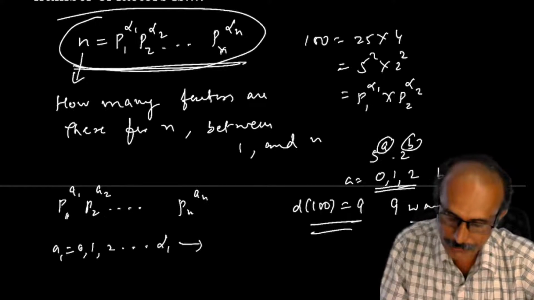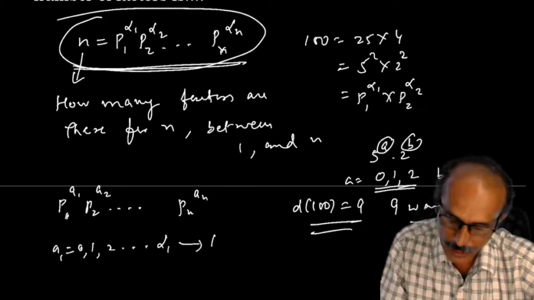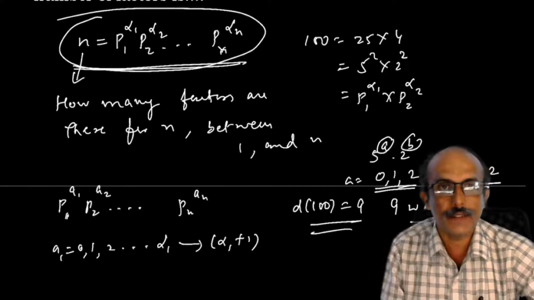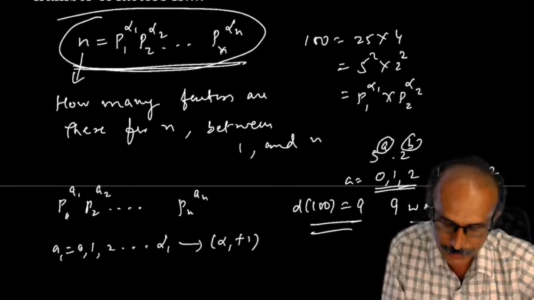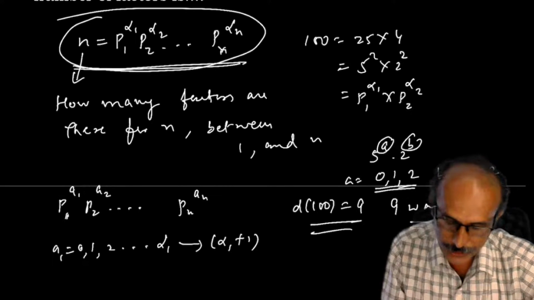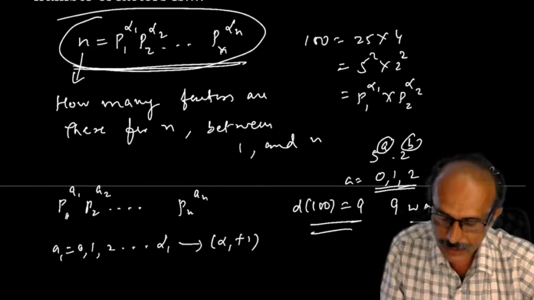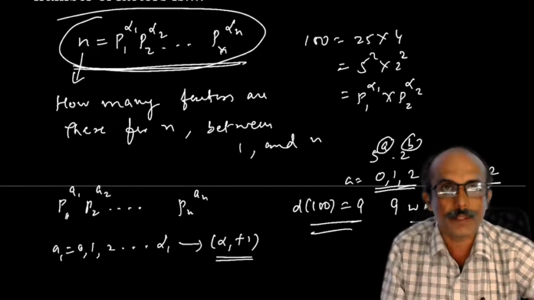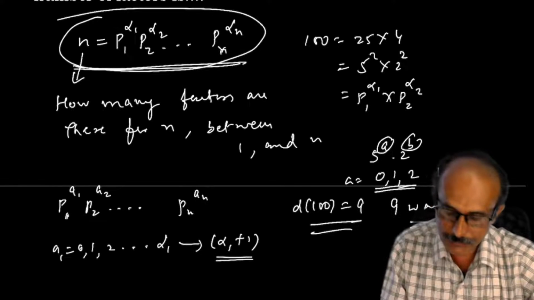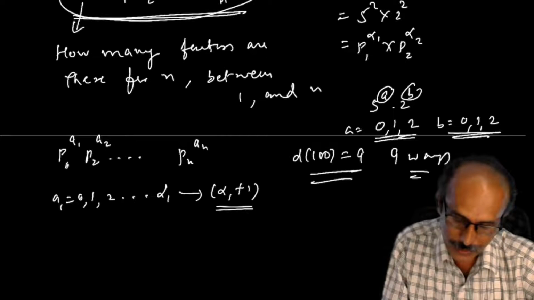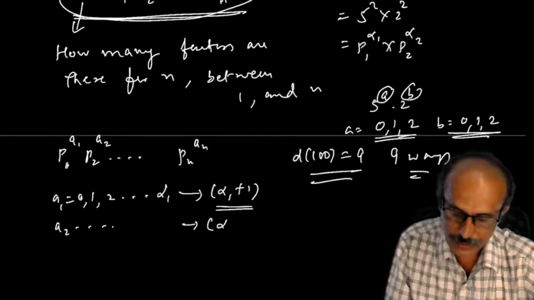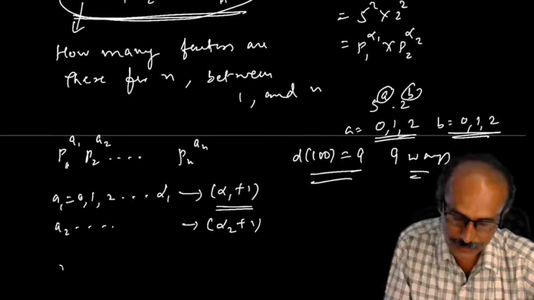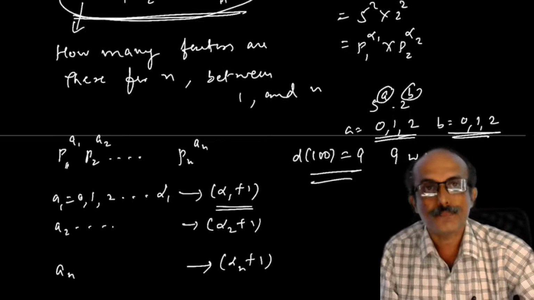So there are how many ways of having a1? It will be alpha 1 plus 1, right? The choices available for a1 will be 0, 1, 2, 3 up to alpha 1, which is alpha 1 plus 1 in number. Similarly for a2 and so on, we have alpha 2 plus 1, and for alpha n, we have alpha n plus 1. So many choices.